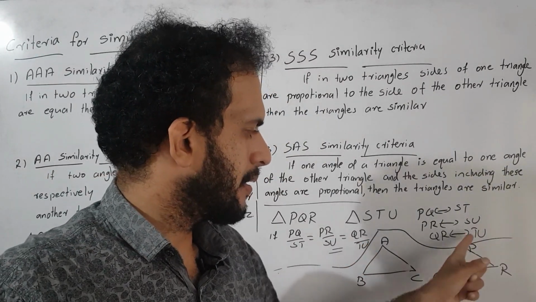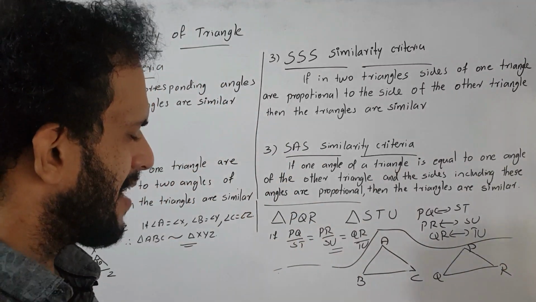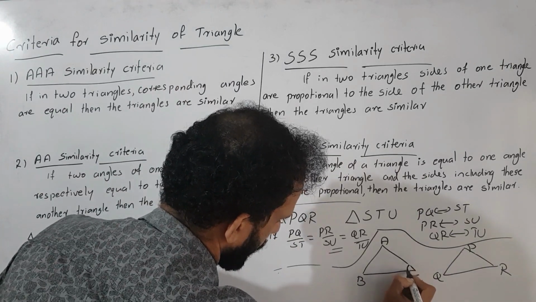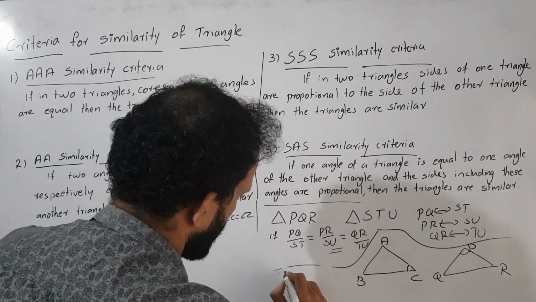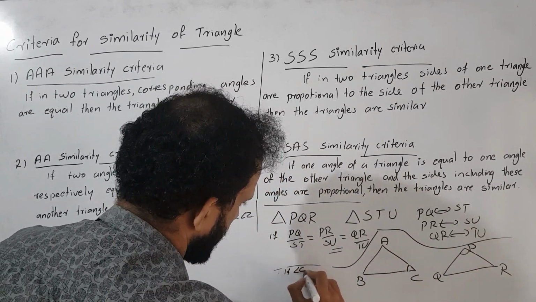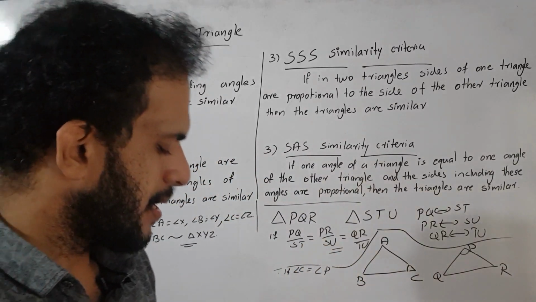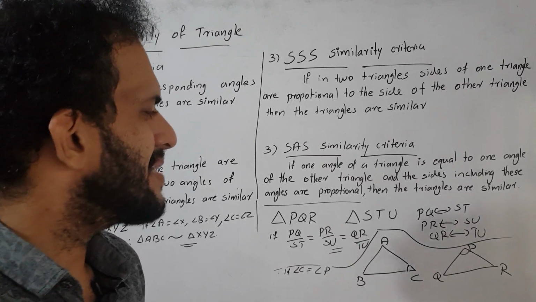Okay, that means in the case of triangle ABC and triangle PQR, what is SAS? SAS says if angle C is equal to angle P, then next we take the sides including these angles.